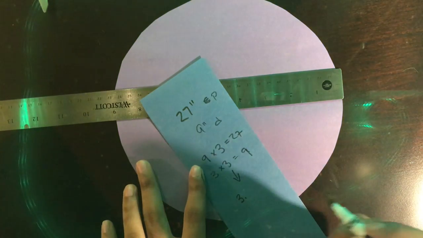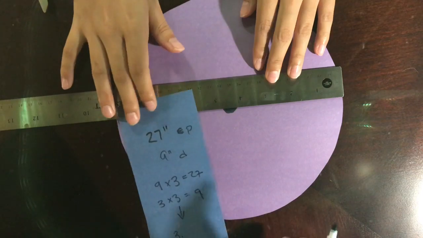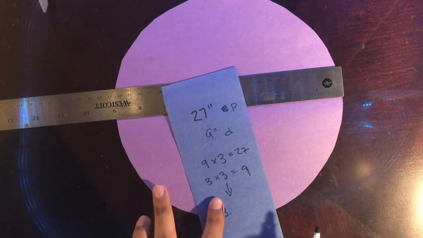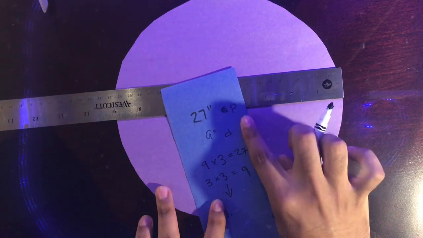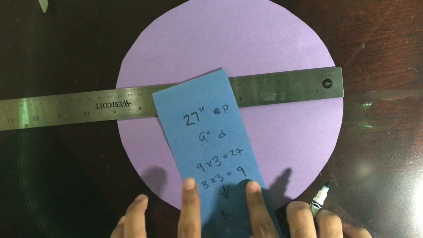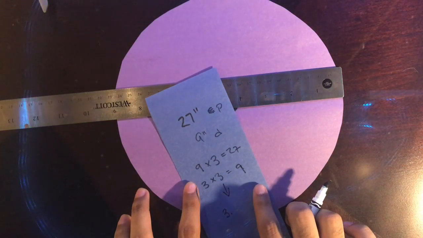We're going to expand on that. What we're going to see here is that to get the perimeter of the circle, we have to multiply 9 times 3. And what was 9 again? The diameter.